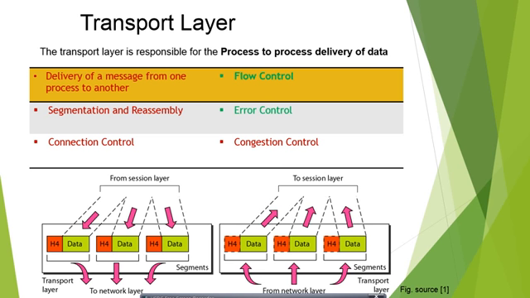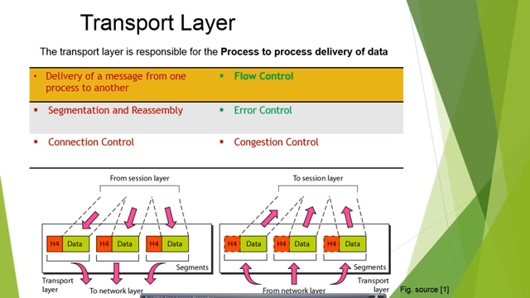Okay, so the next responsibility of the transport layer is flow control. Flow control and error control are two responsibilities which are also available at the data link layer. Like the data link layer, the transport layer is also responsible for flow control, but here the flow control is performed end to end rather than across a single link.